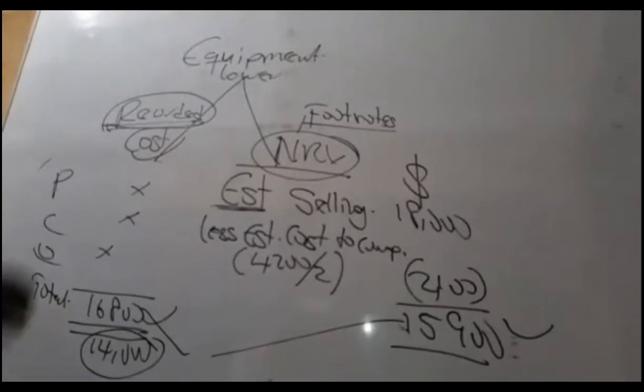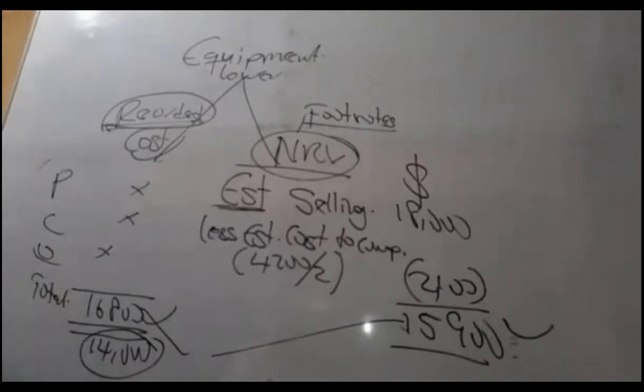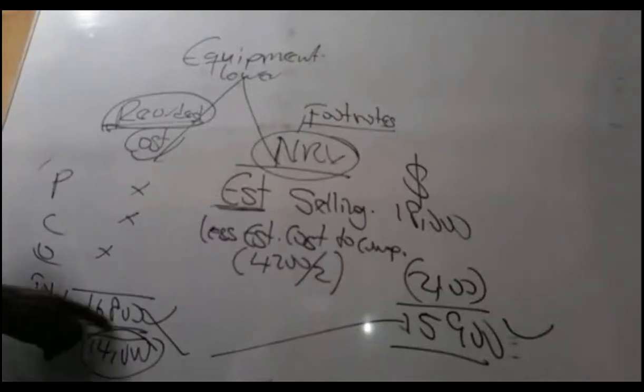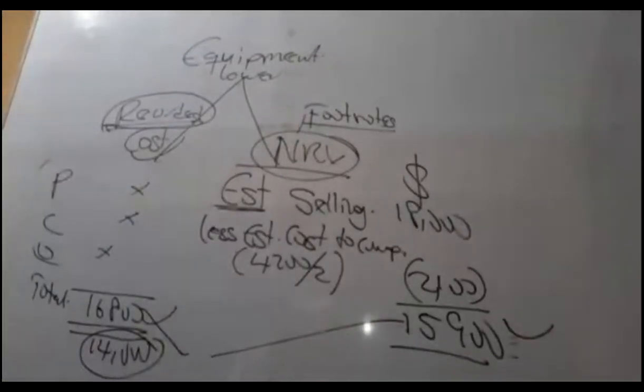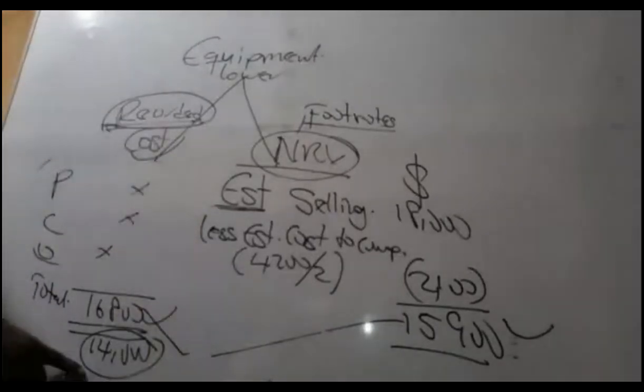So what do you do? You have to perform some adjustment to change the recorded figure, the wrong one, from 16,800 to 15,900. So it calls for accounting treatment. But if it happens that the cost is the lowest one, what do you do? You continue, because you have recorded that 14,000 and it happened to be the correct one. So do nothing. Just use this 14,000 as the value of the inventory, then move on.